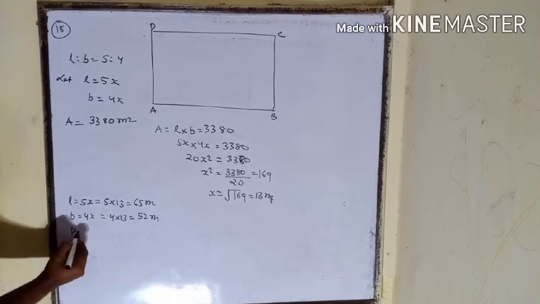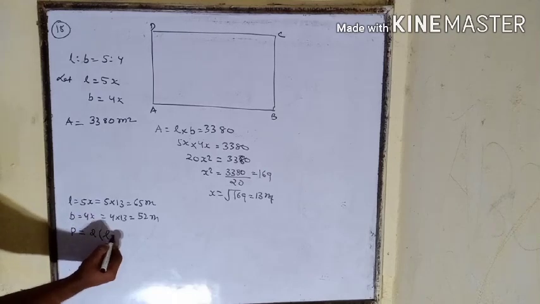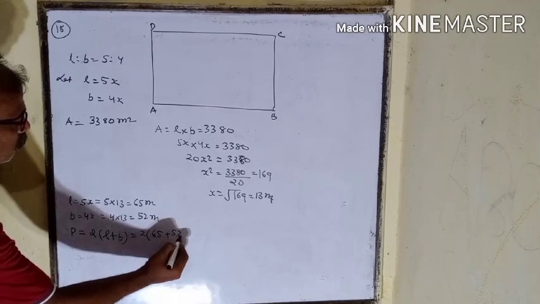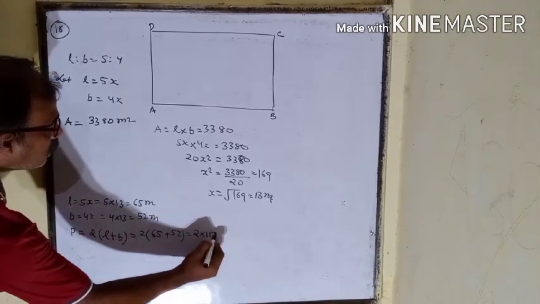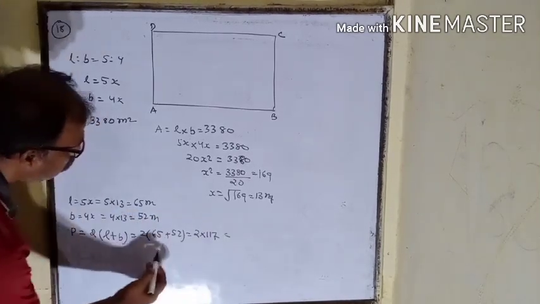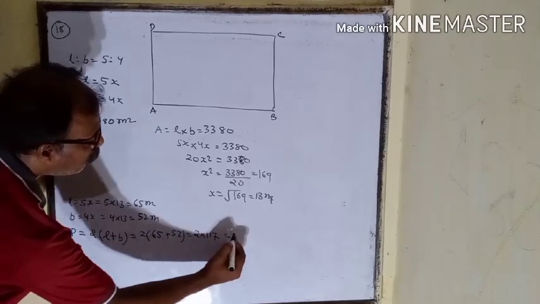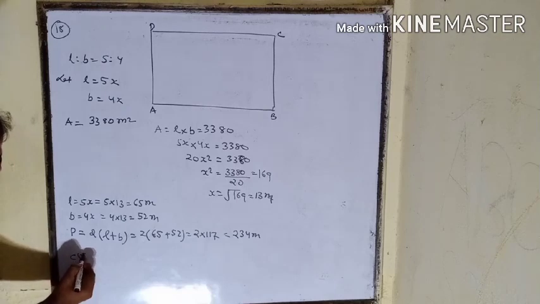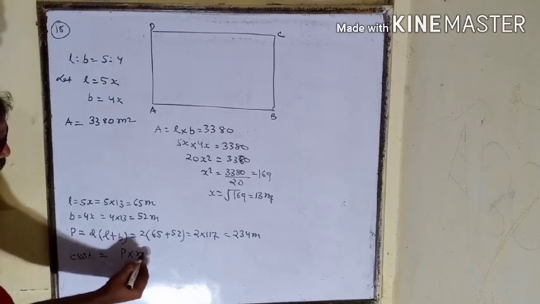So we'll find out its perimeter. Perimeter is 2 into (length plus breadth), that is equal to 2 into (65 plus 52). So 2 into 117, it will come out as 234 meters. Since we want the cost, the cost will be perimeter into rate.